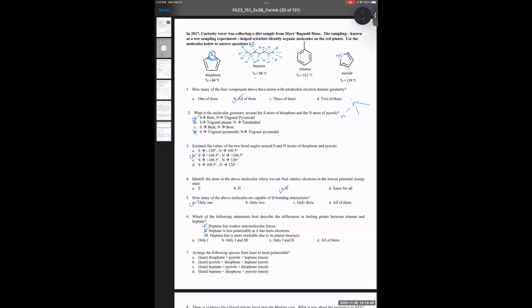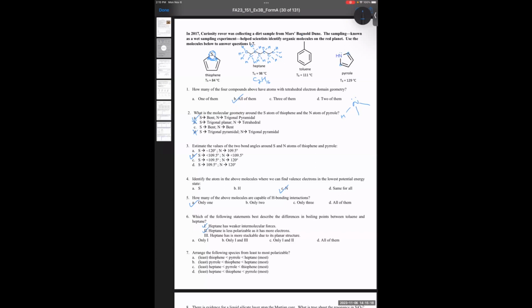So we have 7 carbons, 1, 2, 3, 4, 5, 6, 7, and then we have hydrogens. Let's count: 1, 2, 3, 4, 5, 6, 7, 8, 9, 10, 11, 12, 13, 14, 15, 16 hydrogens.